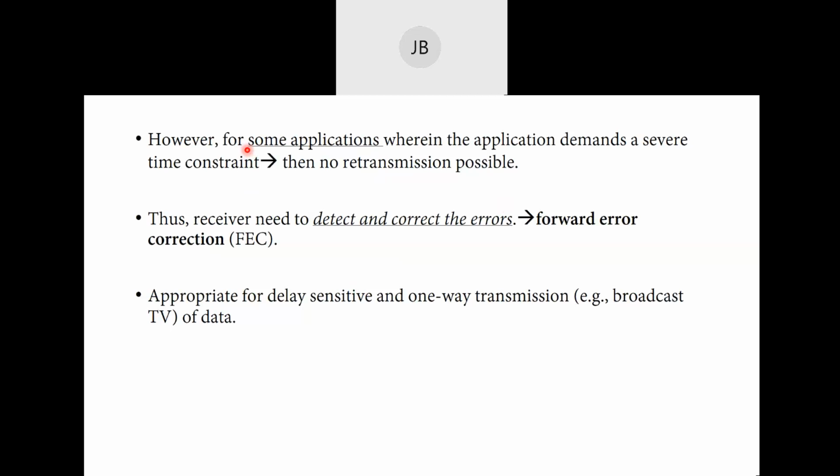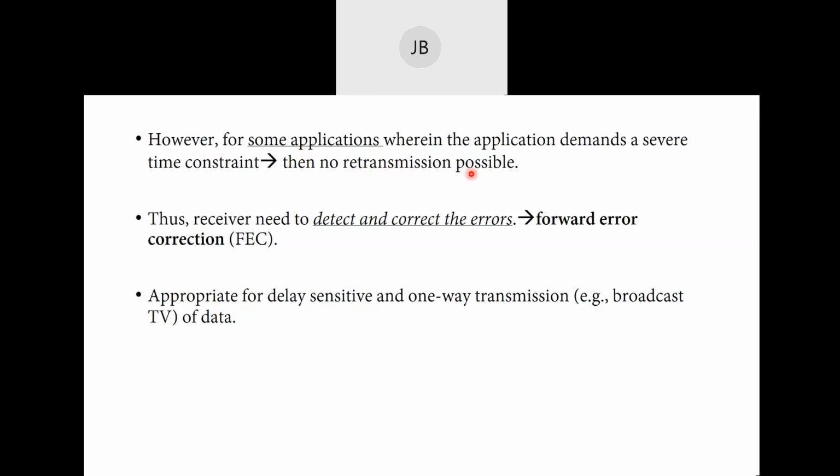Okay, so for some applications, the application demands a severe time constraint. So there is no retransmission possible. So that means in the previous case, that is ARQ, the receiver can just ask for retransmission without checking whether there is error, or it'll never try to overcome the errors or try to correct the errors.